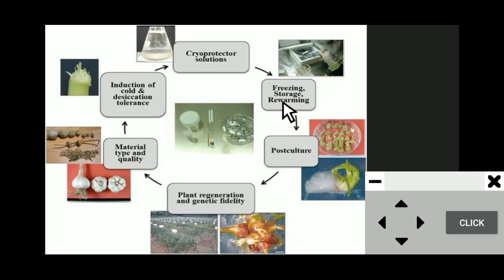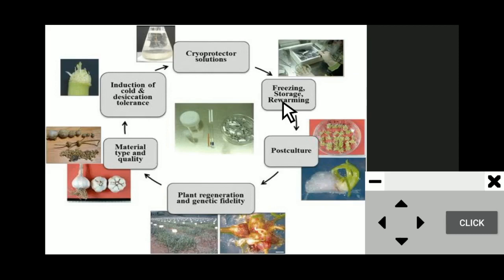After storing the materials for a certain time, thawing or rewarming is done. Thawing is plunging the frozen samples in warm water with vigorous shaking. In general, rewarming or thawing can be explained as converting the frozen samples to soft or liquid form by warming up.